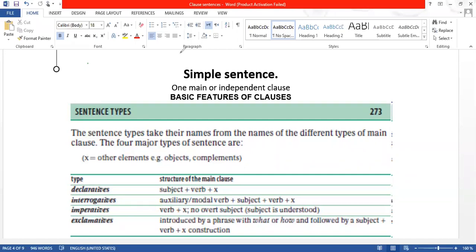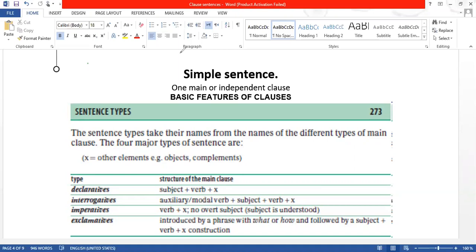Sentences can be of different types: a declarative sentence or an interrogative sentence. You already know, for example, a declarative sentence is just subject and verb and can have an object. For example, I teach is a declarative sentence. Interrogative is: do I teach, or does he teach. Imperative sentence is, for example, come in. We did that as well.